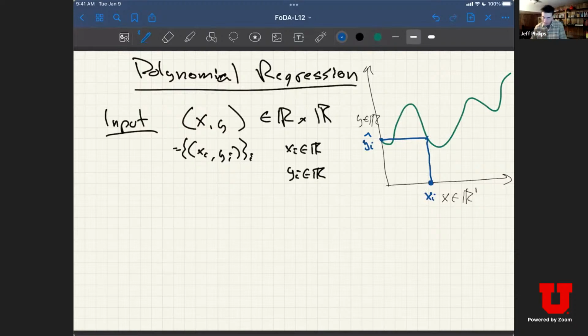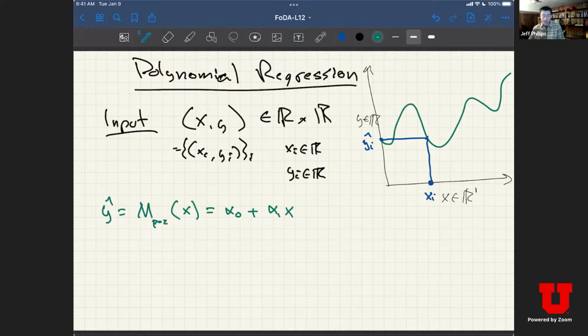Specifically, what we're going to consider is where Y hat is going to be a model, and I'll write this as a 2-degree polynomial, so P equals 2 as a subscript, as a function of X. I'm going to force it to have the following form: alpha 0 plus alpha 1 x.